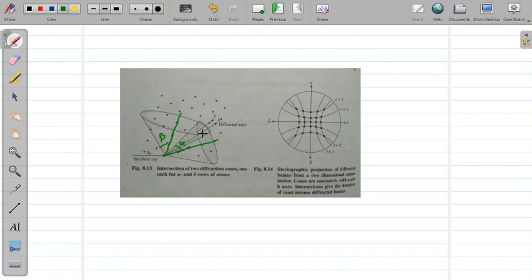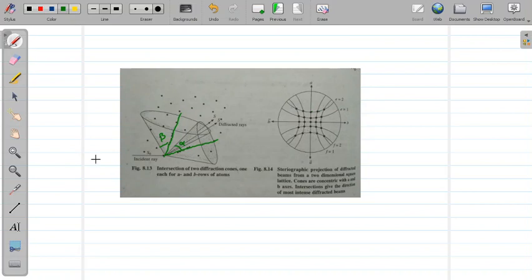So wherever these two cones coincide or intersect, there we will get maximum brightness. So the intersection of two diffraction cones, one each for A and B rows of atoms, these points will correspond to maximum brightness points. So this is a representation of points where the cones will intersect. The cones, when looked at through another dimension, will seem to intersect at certain points, and those points will be maximum brightness points.